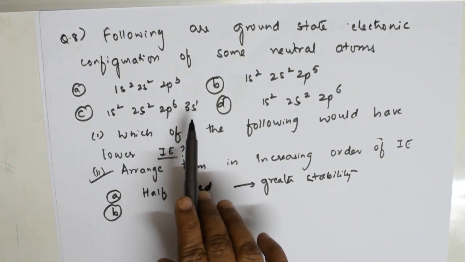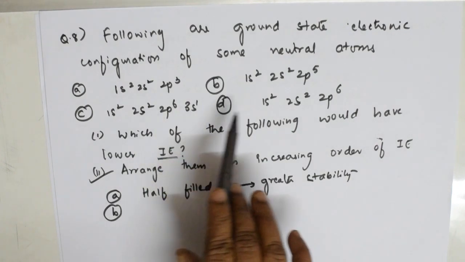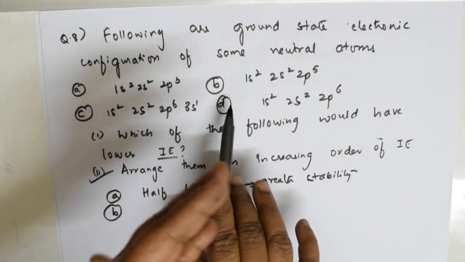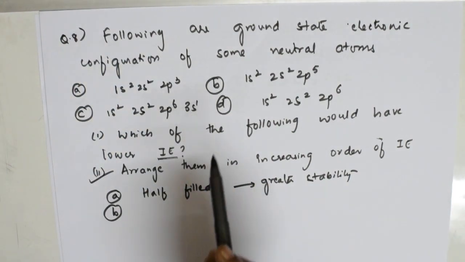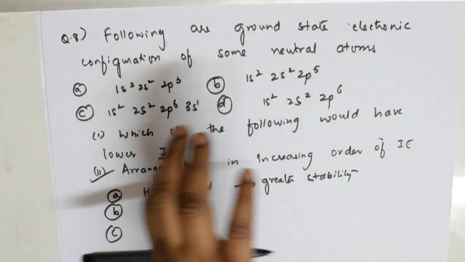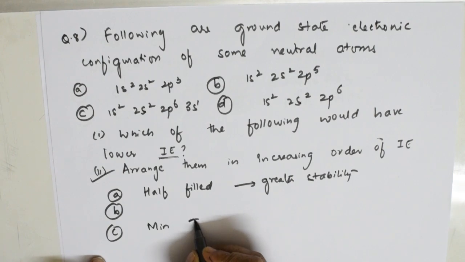Here the electron is 3s1. It is farther from the nucleus, so it requires minimum ionization energy because the number of shells is more and the distance from the nucleus is more. So option C requires minimum ionization energy.